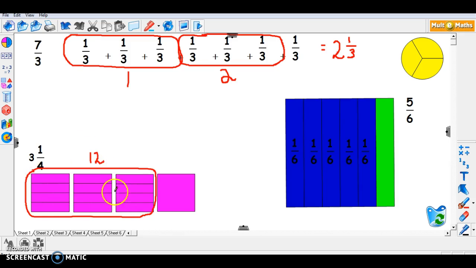I have 12 parts. Okay, now it says I also need 1 more fourth, so I'm going to take my last piece and break it into fourths, but I don't need all of my fourths from that extra. I just need one of my fourths. So altogether, then I have a total of 13 of these fourths.